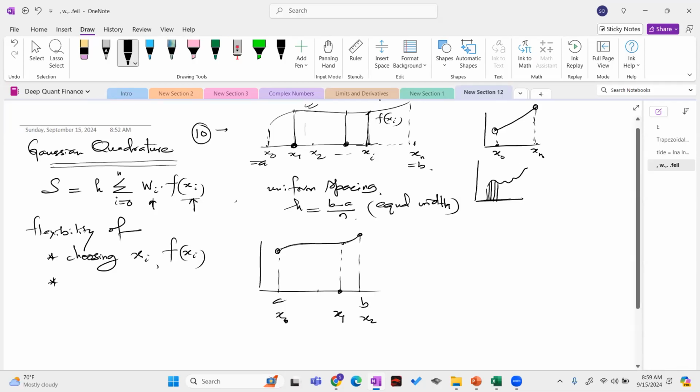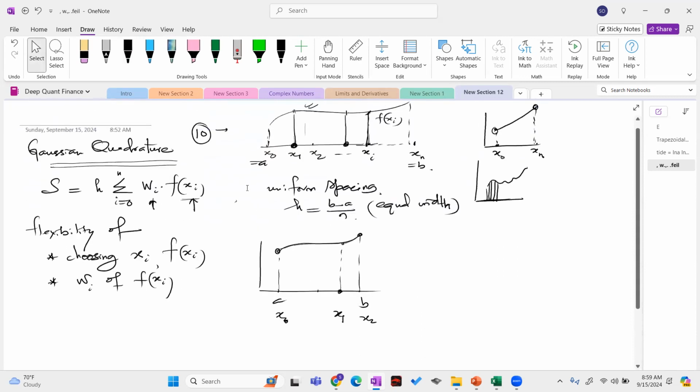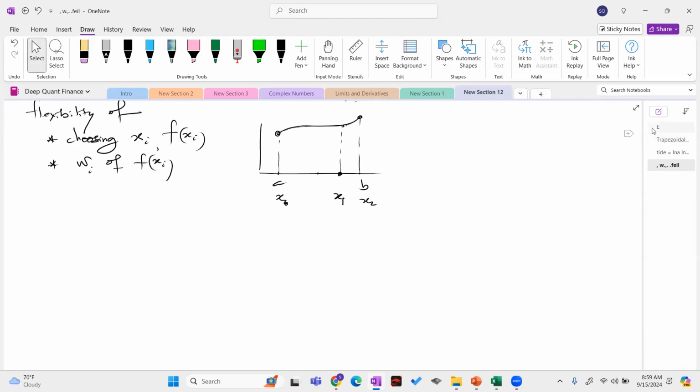And the second one is the weight of f of xi. Okay, so I can choose this. Now using this idea, let's slowly develop the formula, and then I'll show you what people have done over the years, and you will see how accurate this stuff is.